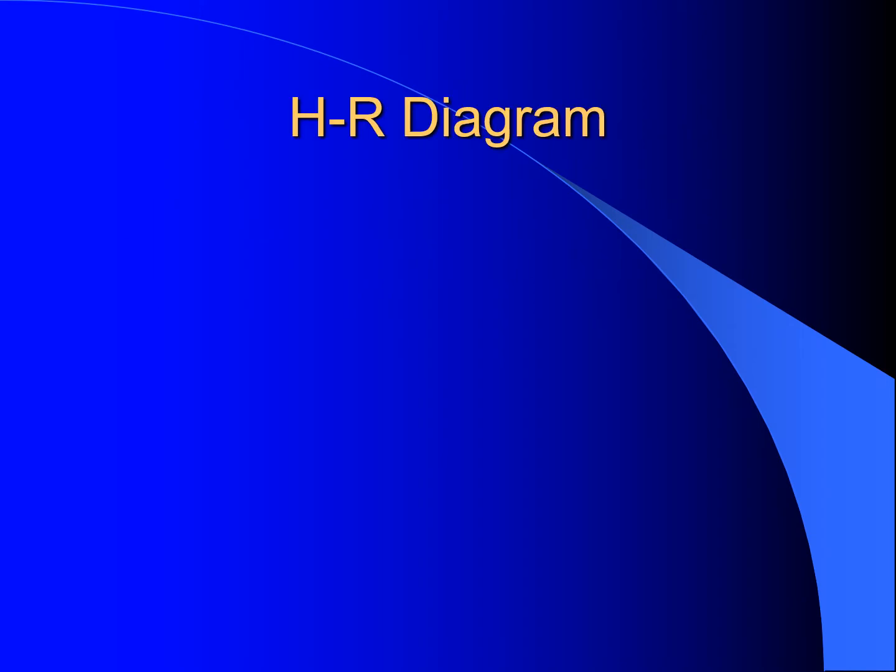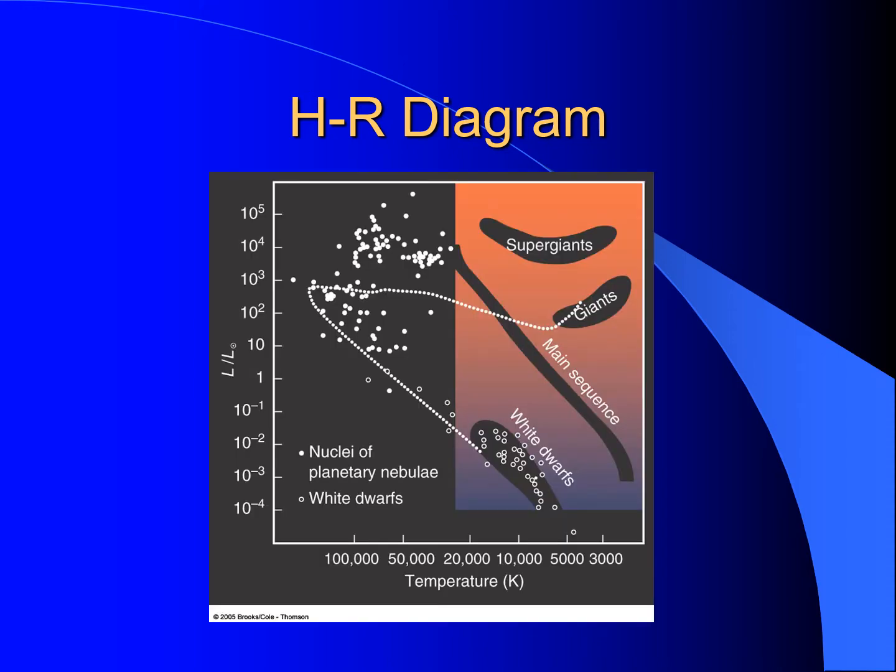Okay, so we can see how the stars move on the HR diagram from stages 11 to stage 14. So let me show you this. Okay, so the star is at the supergiant and giant region of the HR diagram for stages 11 and 8 respectively. The star then moves to the upper left-hand side of the HR diagram.